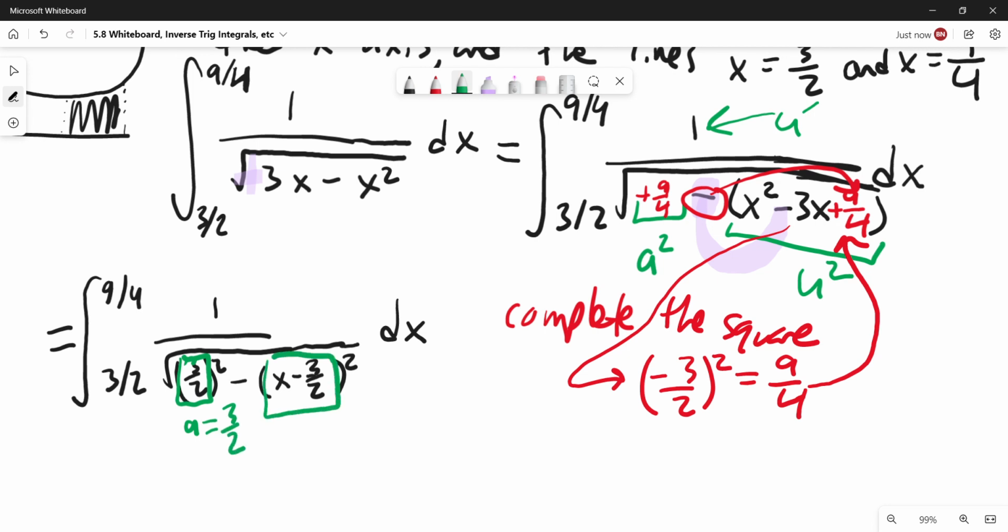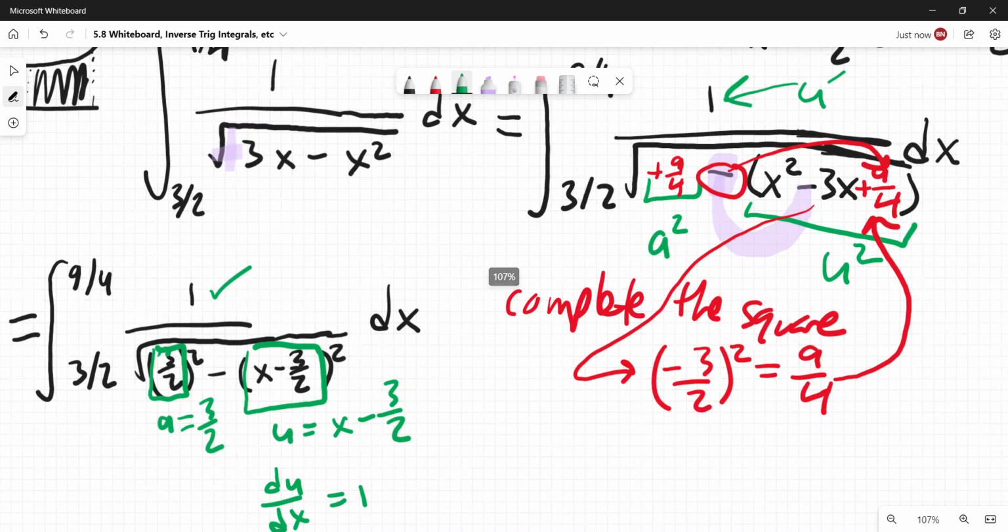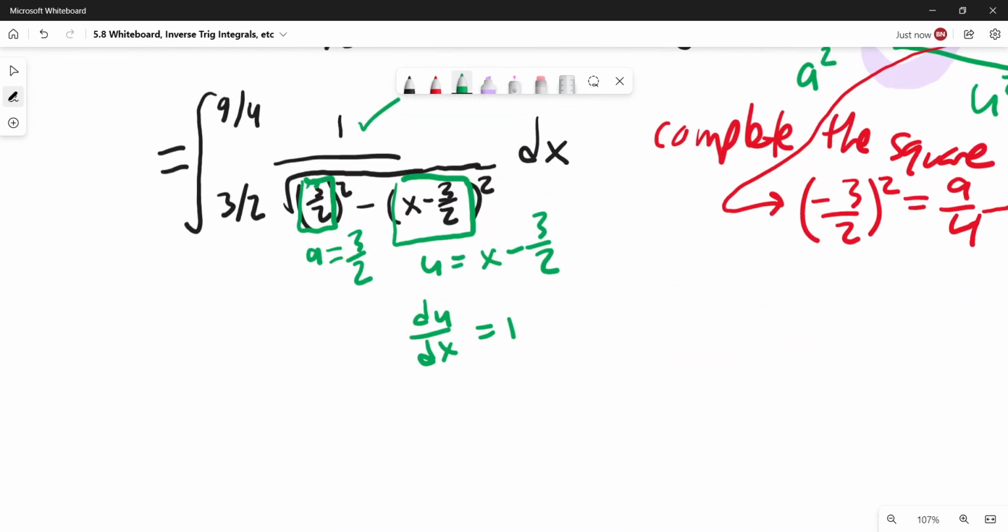Our u is x minus 3 halves, so our u prime, our du dx, is 1. That's already a 1, that's fine. Since we're not formally going all the way into u's, we can keep our bounds as x bounds.